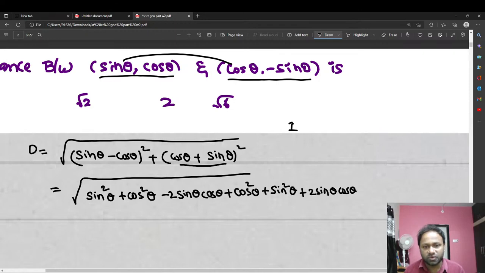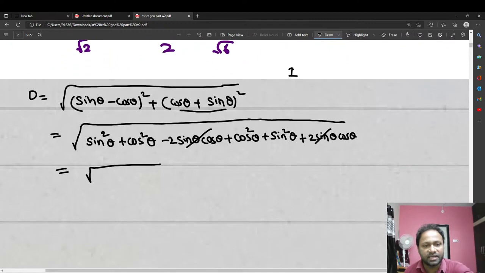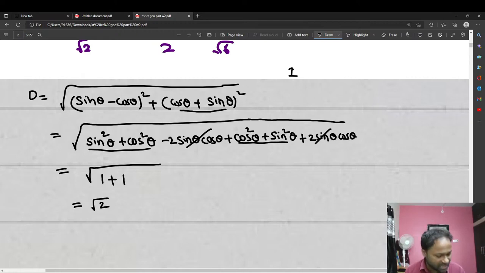Okay, so the root will be here. So minus plus will get cancelled. So under root of, here what we get, sine square theta plus cos square theta value is 1 plus cos square theta plus sine square theta value is 1. So the answer will be root 2 is correct.